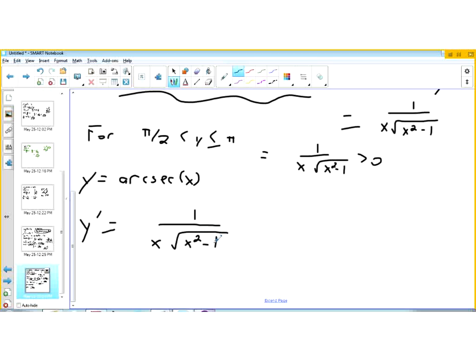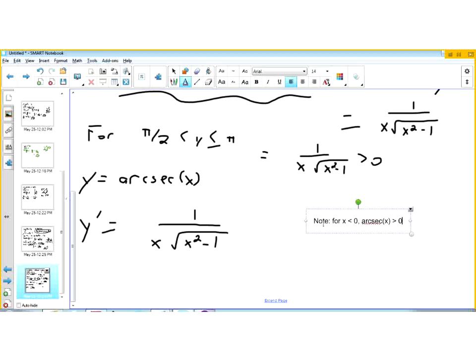Now we have to be careful with this because for some values of x, in particular for negative values of x, the arcsecant function, so let me write this down. Note, for x less than 0, arcsecant of x is greater than 0.